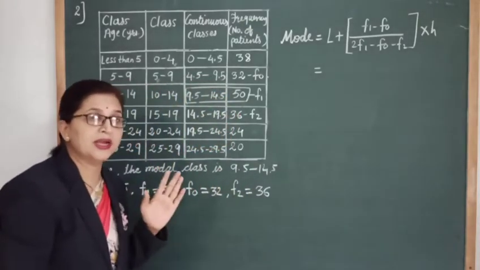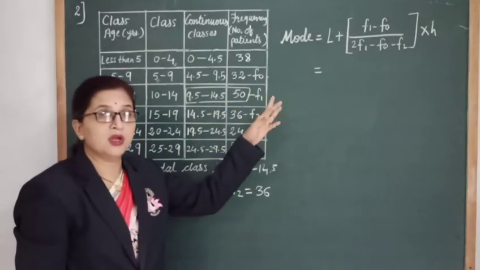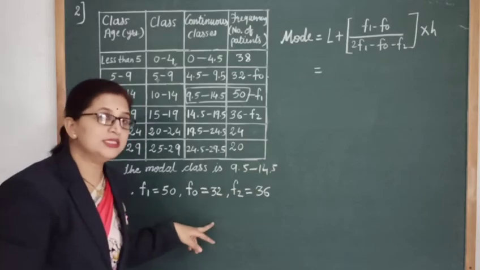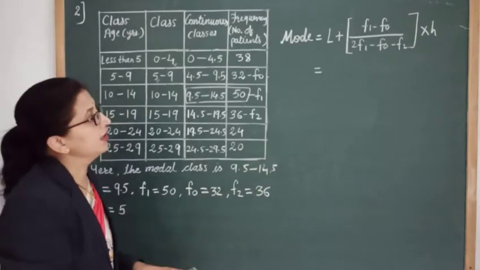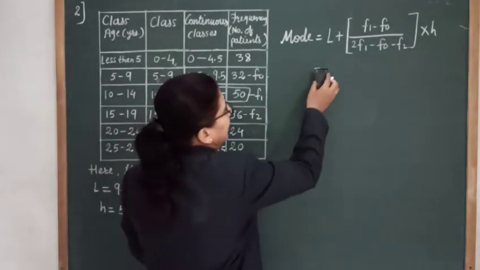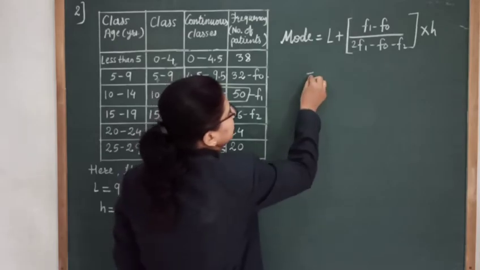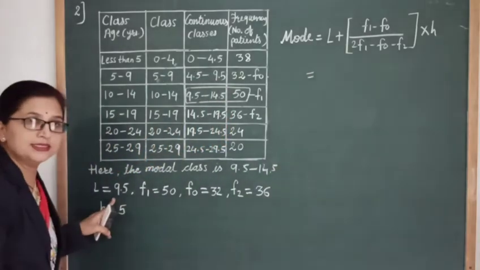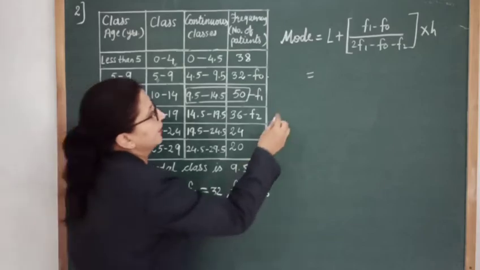Okay, now let's put the values in the formula. So again I am reminding you, before writing the formula you have to write all these values. Okay, now let's put the value. So value of L is 9.5.